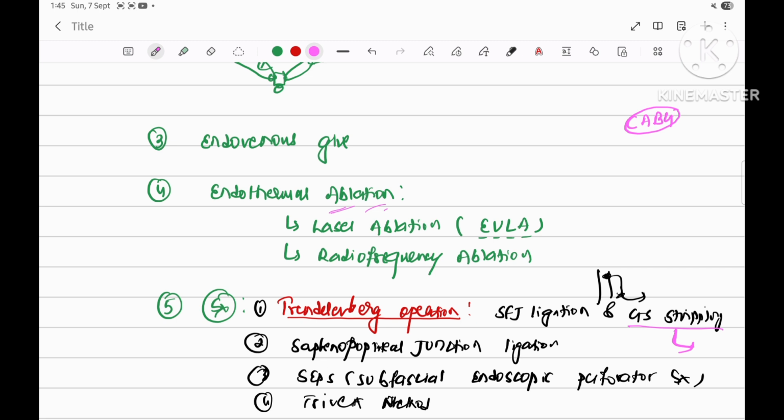Okay, and one teacher asked if there is any drug which can be used for varicose veins. Yes, there are drugs like calcium dobesilate and diosmin. These are the drugs used for varicose veins, but they are not used nowadays.